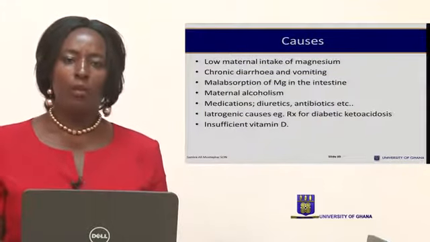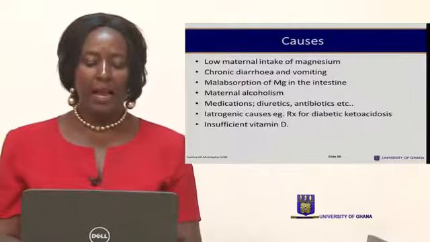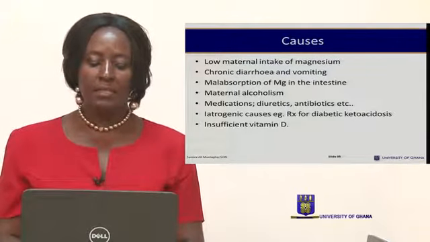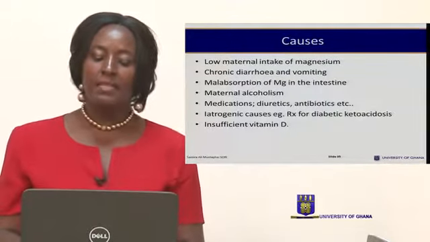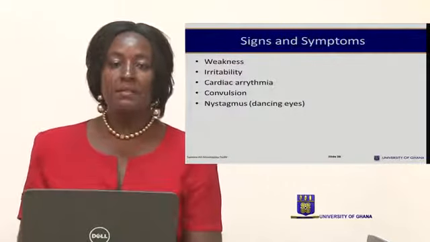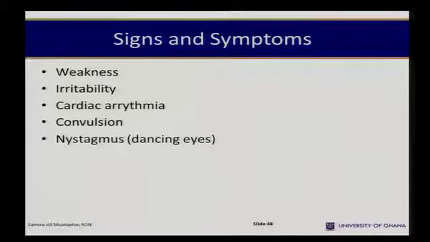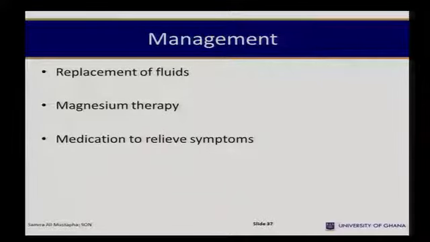The causes are low maternal intake of magnesium, chronic diarrhea, maternal alcoholism, and the other list as we have seen here. And then the signs and symptoms are what you see on the screen. We have weakness, we have cardiac arrhythmias, and some convulsion or nystagmus. All these are symptoms that you may see.